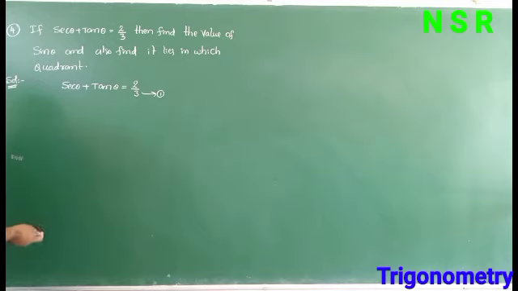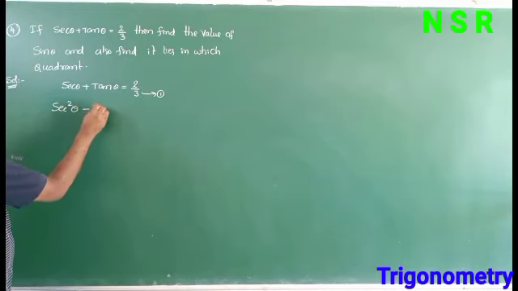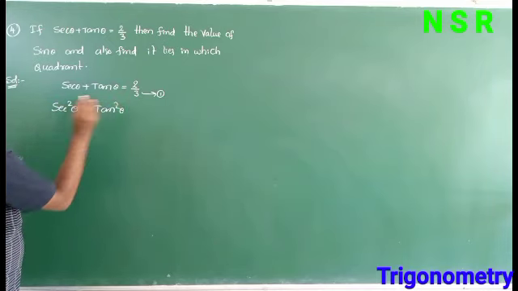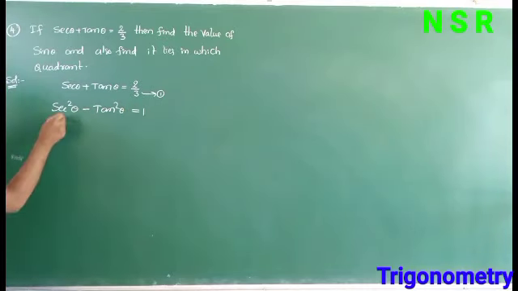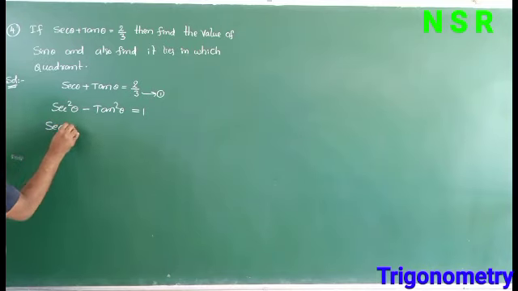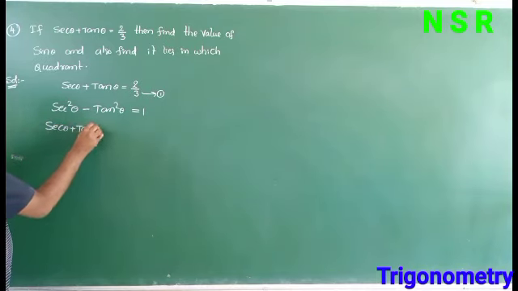Secant square theta minus tan square theta equals 1. So, we have a formula for the relation between secant and tan. This is in the form of a square minus b square, that is (a plus b) into (a minus b).